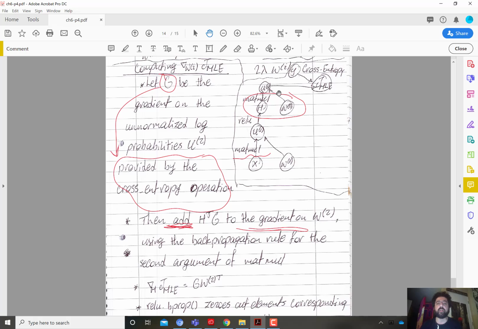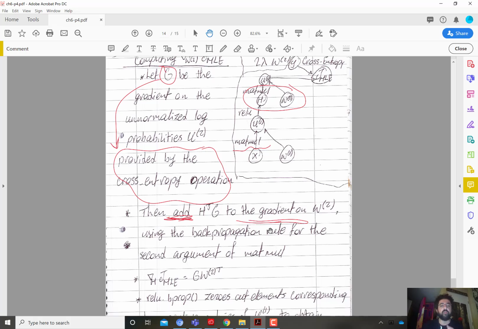How do we know that? This is provided using the backpropagation rule for the second argument of matrix multiplication, meaning that matrix multiplication comes with a backpropagation rule for its first argument and a backpropagation rule for its second argument.